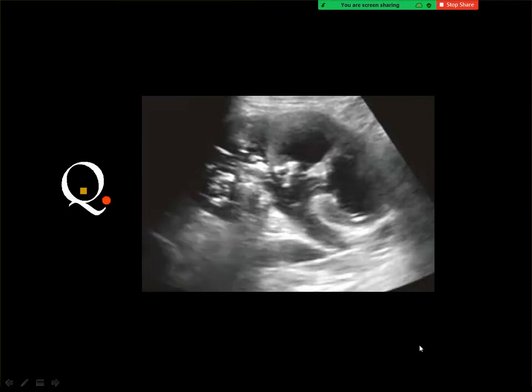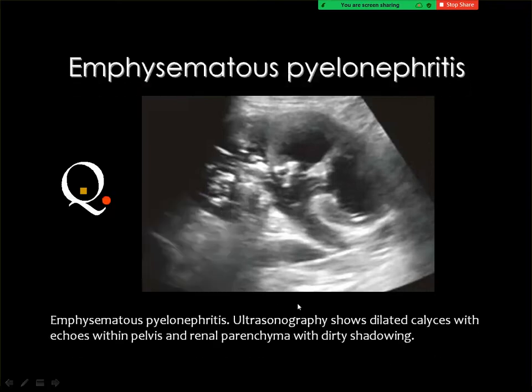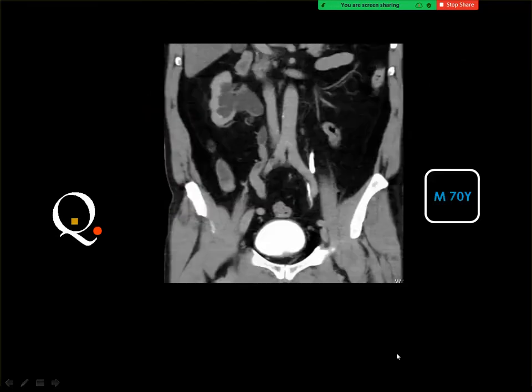Emphysematous pyelonephritis is the right answer because you got some echogenic areas within the collecting system, and these echogenic areas do not have posterior acoustic shadowing to make you think of calculi. Whenever you get this, you think of air or fat, and this is emphysematous pyelonephritis.